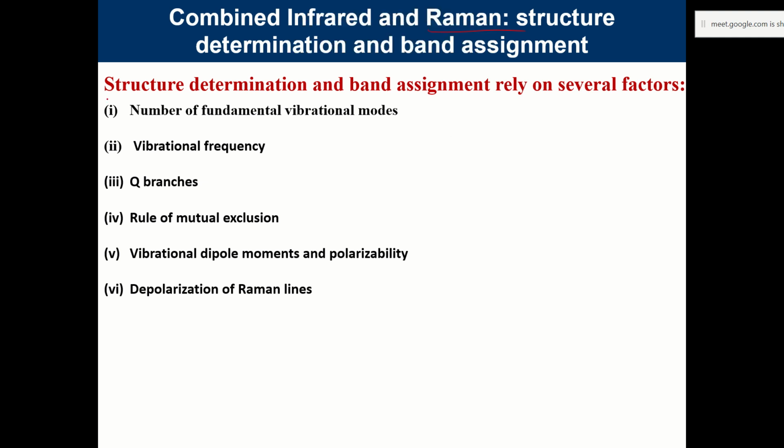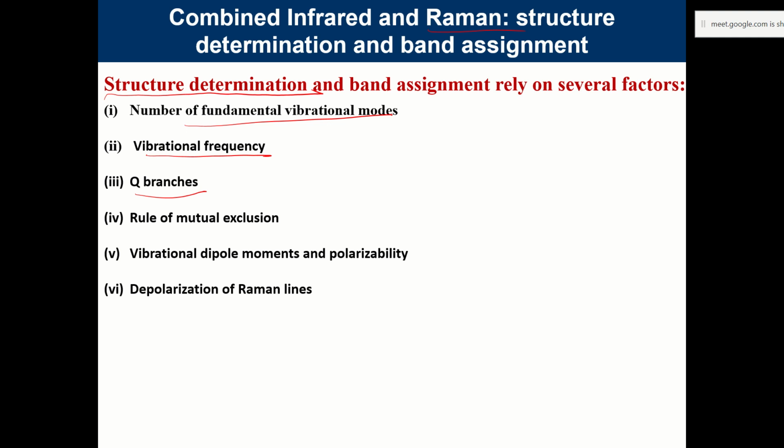So structure determination will depend on these many factors as given on your screen: number of fundamental vibrational modes, vibrational frequency, the appearance of a Q branch. We have discussed earlier in rovibrational spectroscopy, linear molecules do not have Q branches for parallel vibrations.